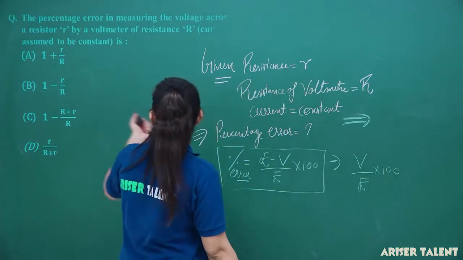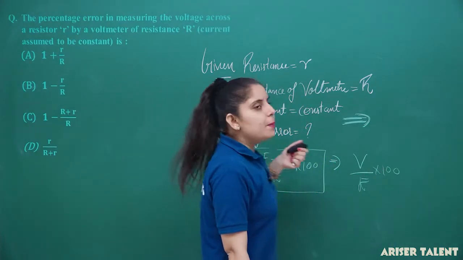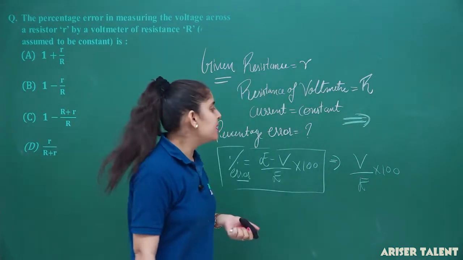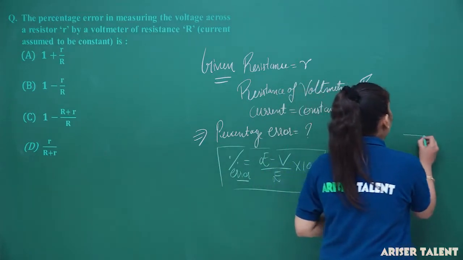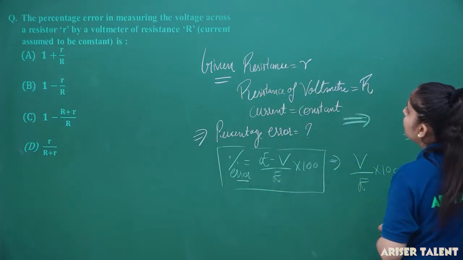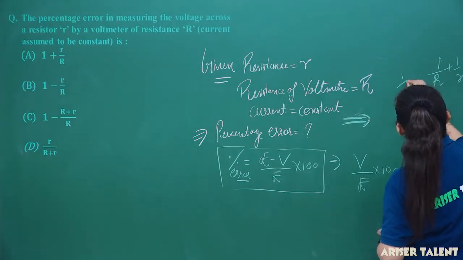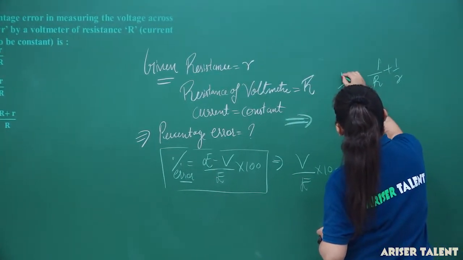Now, you can see that you have to determine the percentage error in the resistance small r, and you are provided with a resistance capital R. If you are going to solve the parallel combination of the resistance, what you will get? You will get 1 upon R plus 1 upon small r. This is our R equivalent.